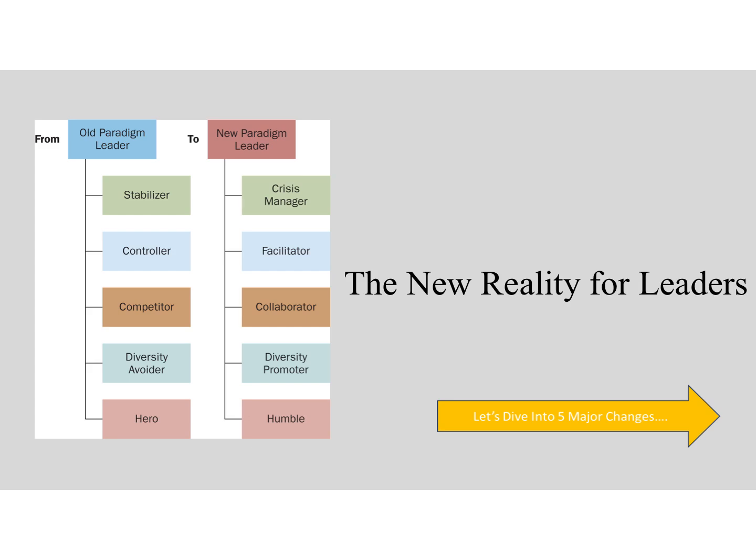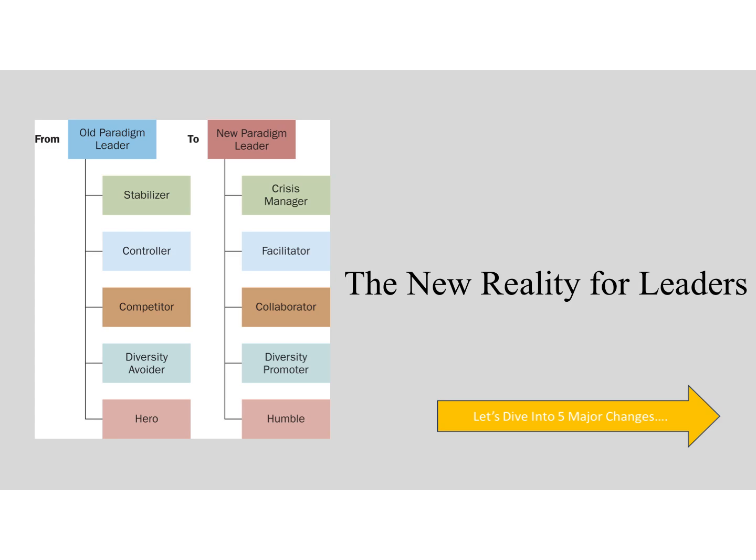So the new reality for leaders, and we're going to go over each one specifically, is the old paradigm leader. Over a decade ago, their roles were as stabilizer: right the ship, steer the ship, keep the ship on the path, stabilizing the team.